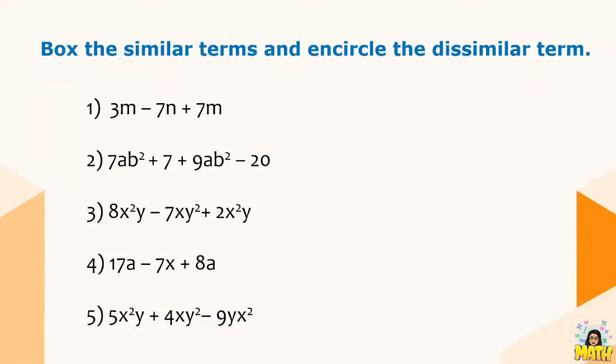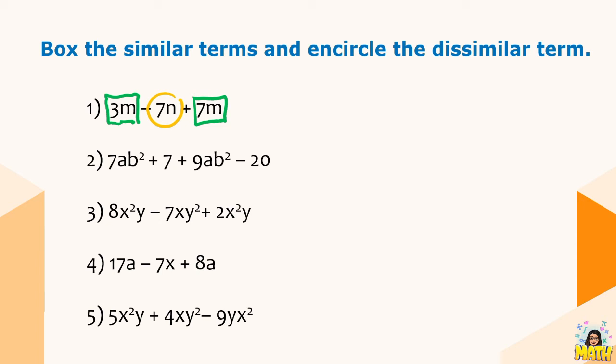So, let's have more examples. Let's box the similar terms and encircle the dissimilar term. Here, similar terms if they have the same literal coefficient with the same exponent. So, 3m and 7m are similar terms. Ang natitirang term is 7n, which is dissimilar na.